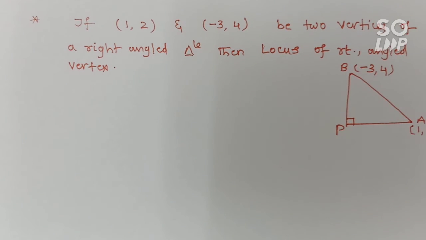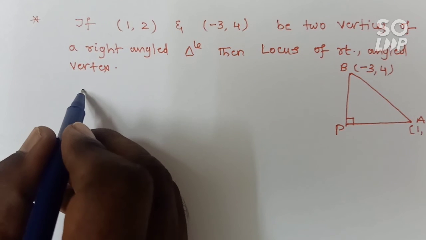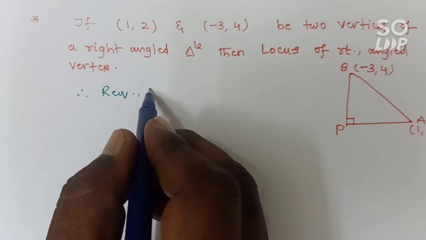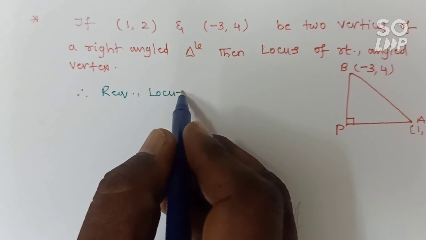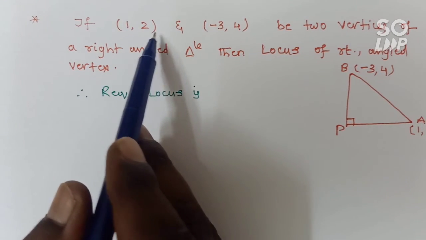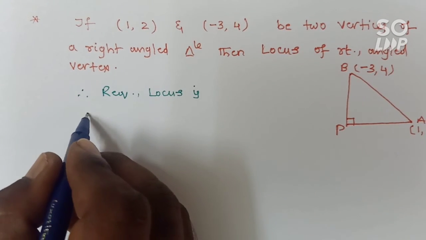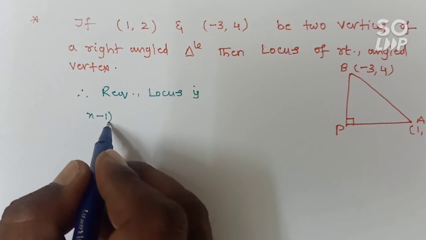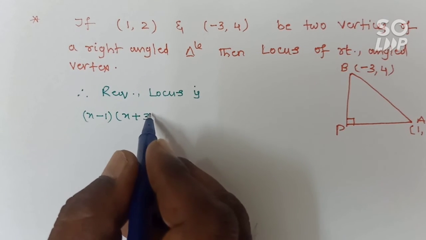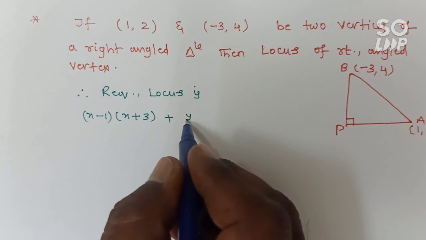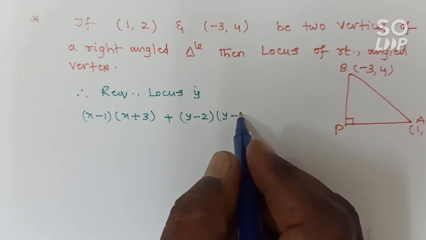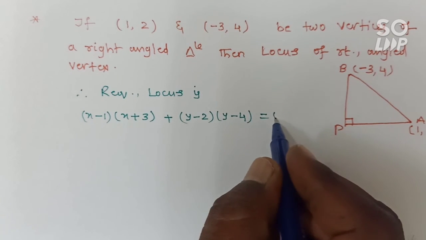Therefore, the required locus is the circle whose diameter ends are the given points x1 comma y1 and x2 comma y2. (x minus x1) into (x minus x2), that is (x minus 1) into (x plus 3), plus (y minus y1) into (y minus y2), that is (y minus 2) into (y minus 4), is equal to 0.